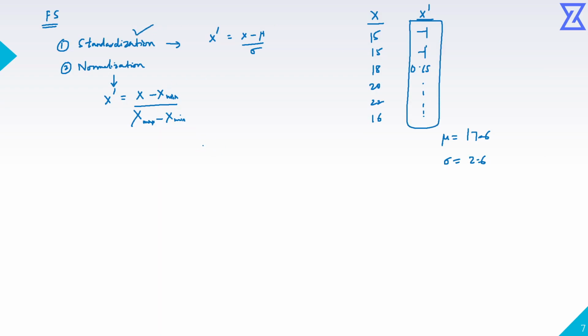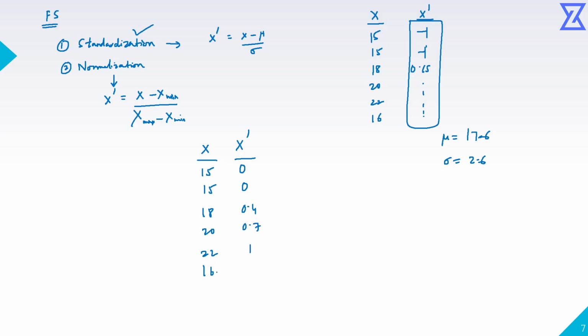Same if you want to do it for normalization. Let's say x is 15, 15, 18, 20, 22, and 16. What will be x dash? X minus x min. The min is 15, so this will be 0, 0. 18 minus 15, 3, divided by 22 minus 15, which is 7. 3 by 7, around 0.4. 20 minus 15, 5 divided by 7, around 0.7.